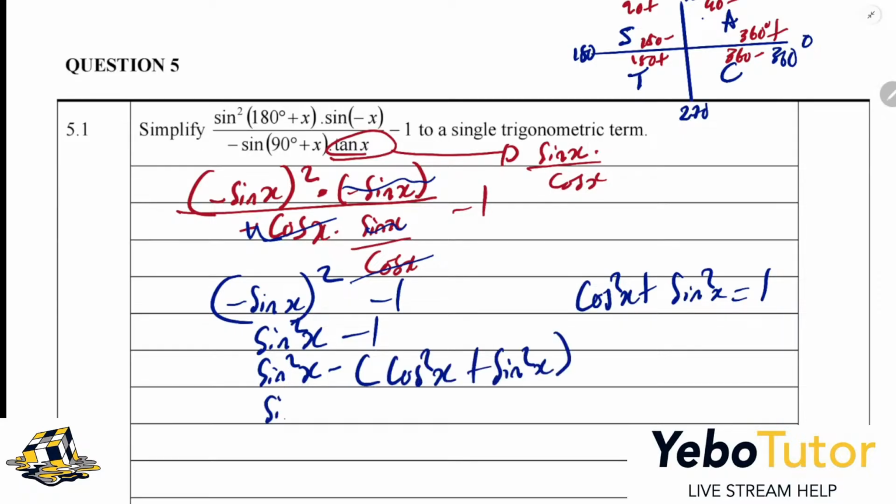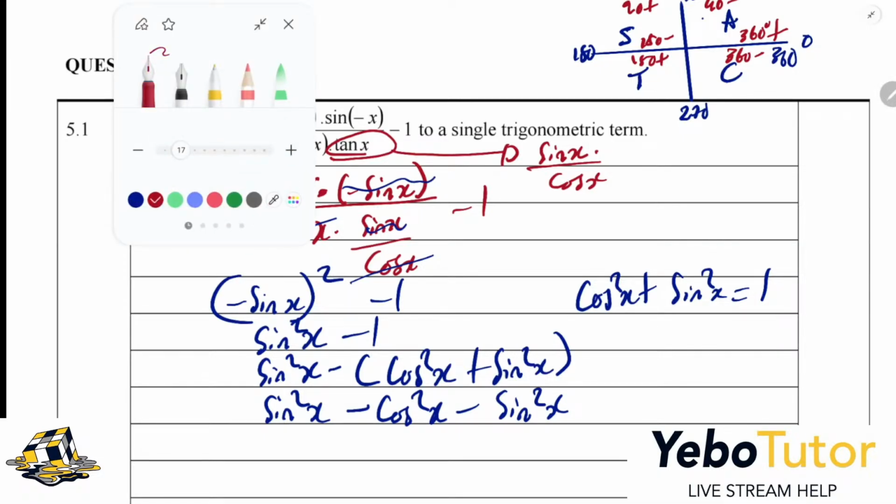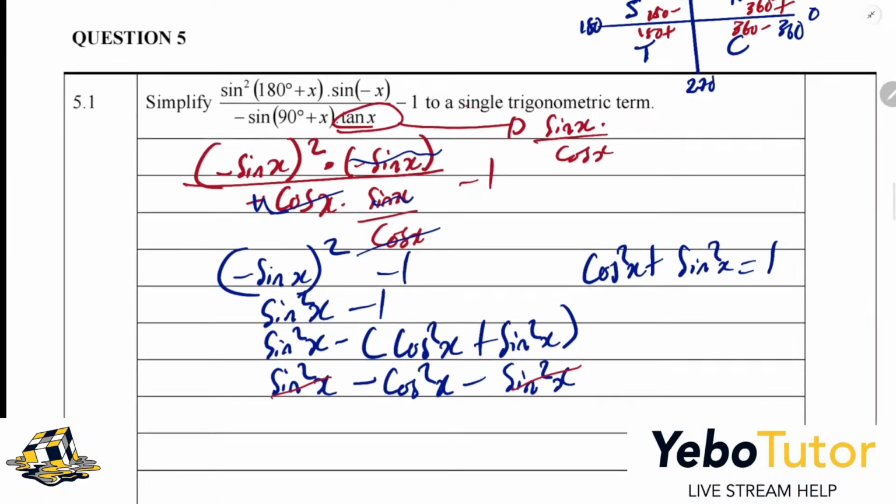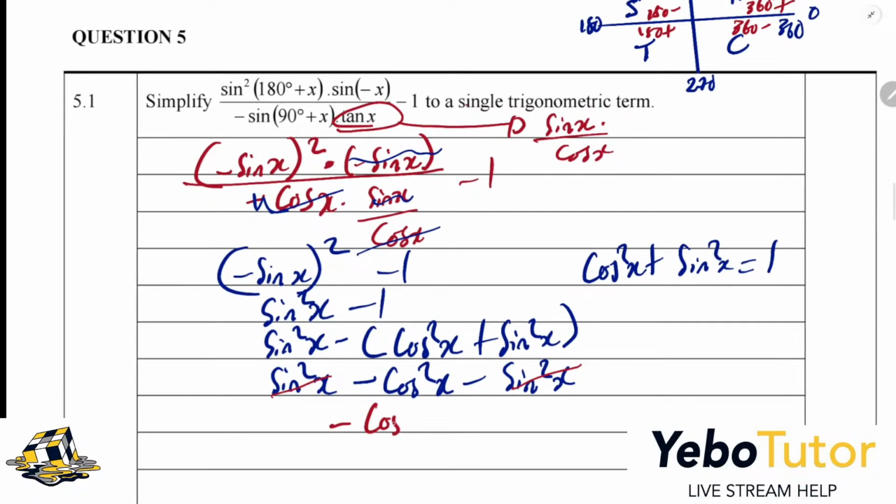Then that will be sine squared of x minus cos squared of x minus sine squared of x. Then from that point, because they said to a single, we need to leave 1. So this and this will cancel. Then now we are only left with negative cos squared of x, since they say that to a single trigonometric ratio. So we end up having only negative cos squared of x as our single trigonometric ratio.